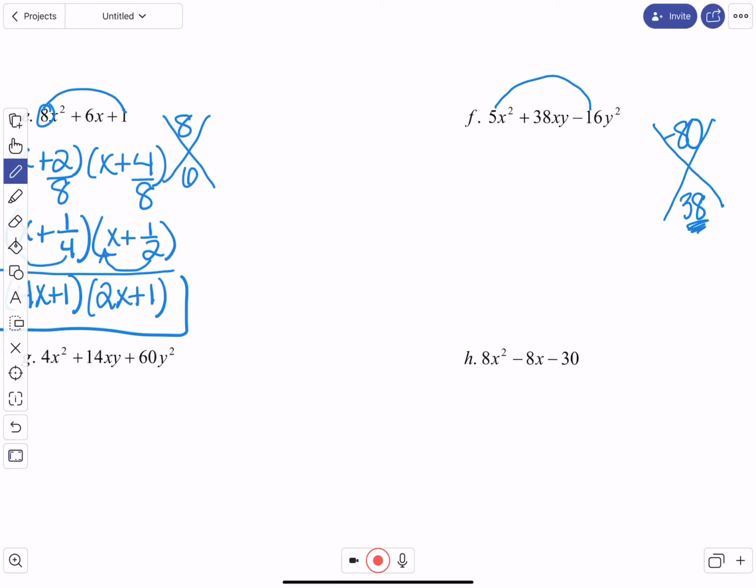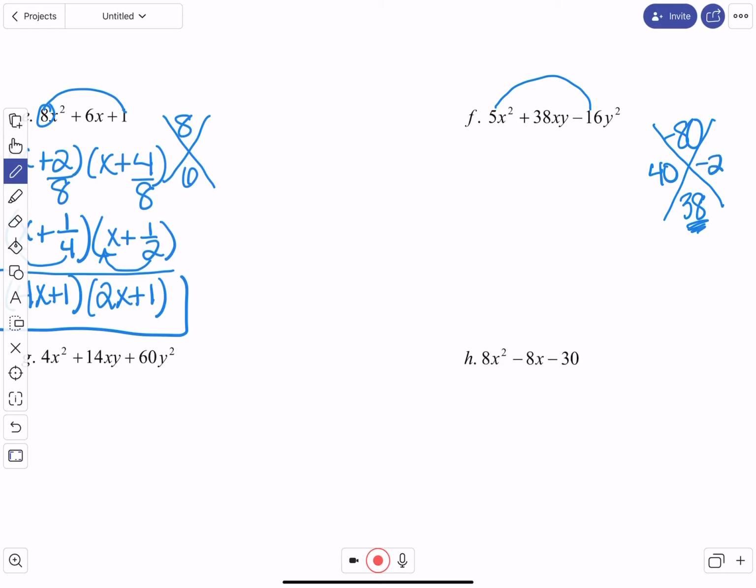Okay. So let's see here. We got to think of two numbers that multiply to be negative 80 and add up to be 38. I'm looking at my calculator to see 40 and 2. Or positive 40, negative 2.